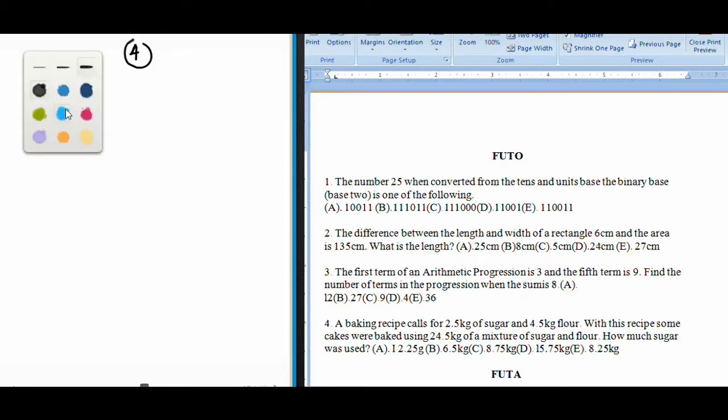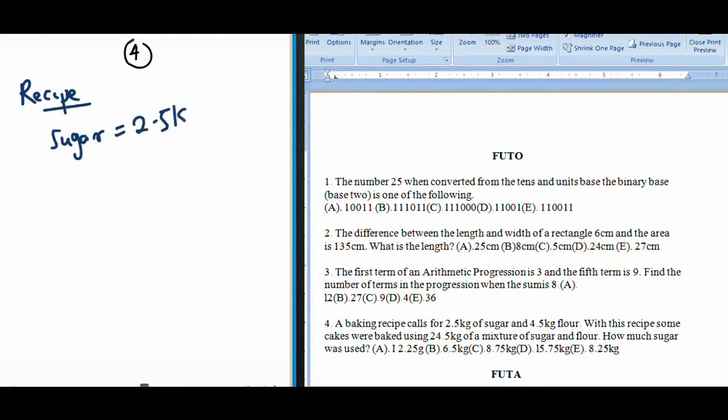the recipe calls for 2.5 kilograms of sugar, which means the quantity of the sugar asked for is 2.5 kilograms. And for this 2.5 kilograms, he requested 4.5 kilograms of flour, which means for every 4.5 kilograms of flour, there will be 2.5 kilograms of sugar.